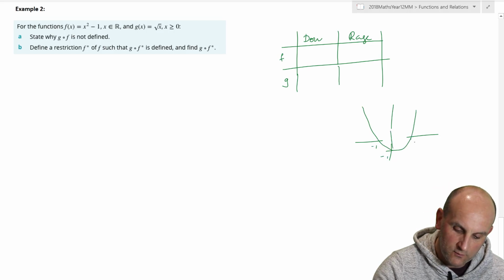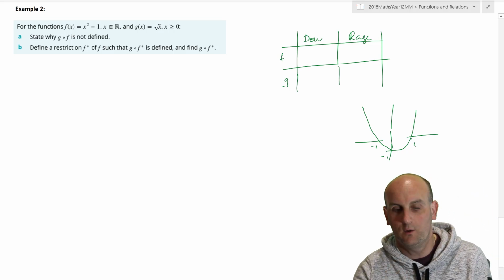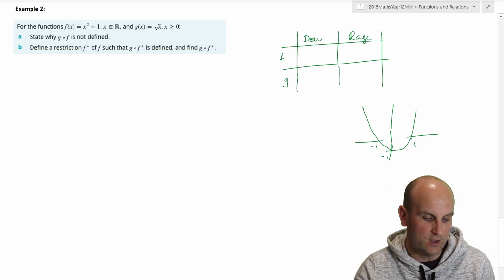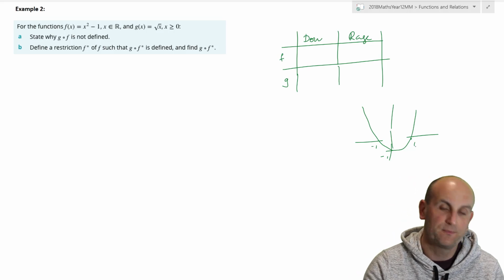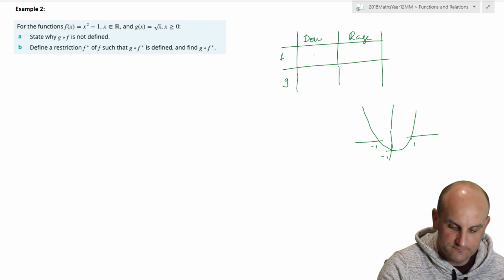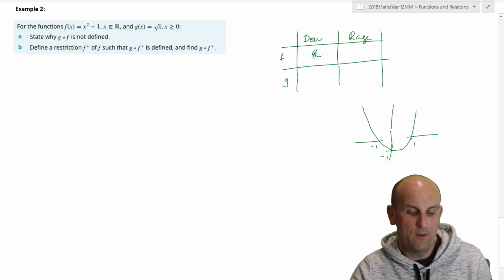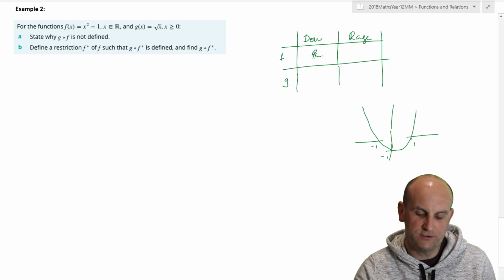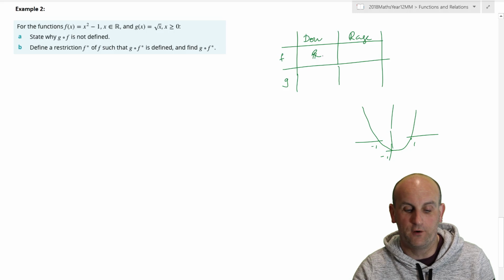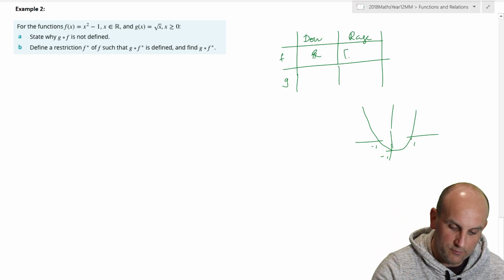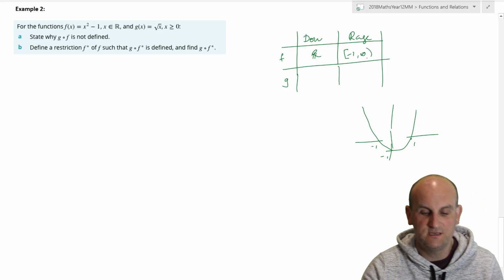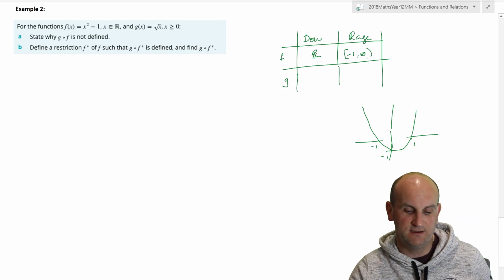I now know that my domain is all possible real values. And what about my range of that function? Well, my range is going to be from minus 1 all the way up to infinity. I'm going to use interval notation in this particular instance.